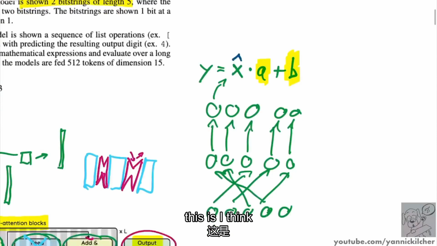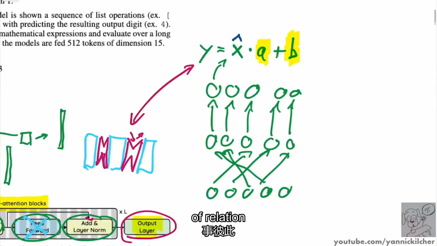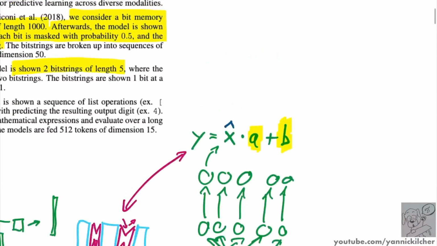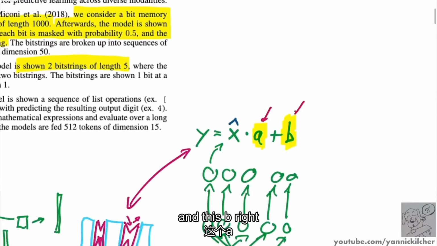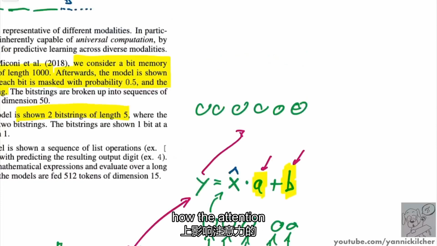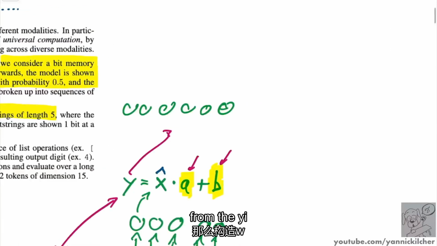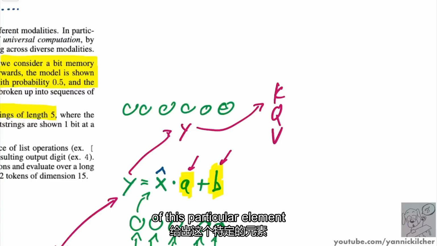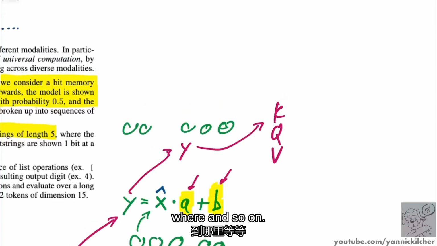I think these two things have a lot of relation to each other, even though the authors say we don't learn any of the attention. By influencing this A and this B right here, and this Y then goes into the next layer of attention, I can very much influence how the attention works, right? In the next layer, from the Y, I construct the keys, queries, and values of this particular element, and that decides what information gets routed where, and so on.